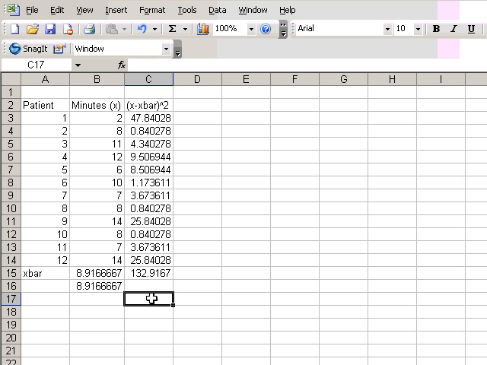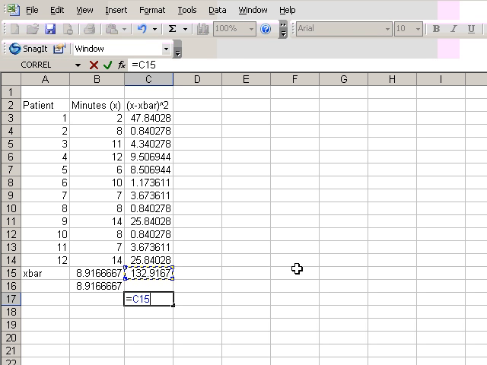So I will do that here. This is equal to the sum of all of the squared differences between the actual minutes spent and the mean of all minutes spent divided by, and just to make it clear, 12 minus 1.